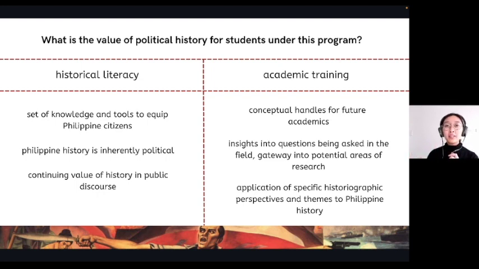There's a problem underlying political history, which we've tried to answer through our curriculum. Now, another thing is, as potential scholars, future academics, we have to have insights into the questions being asked in the field. What does that mean? Imagine this, right? You're trying to write a paper about the Philippine Revolution, right? And you find this really great paper. Like, you found it on ResearchGate, you download it because it's free, diba?